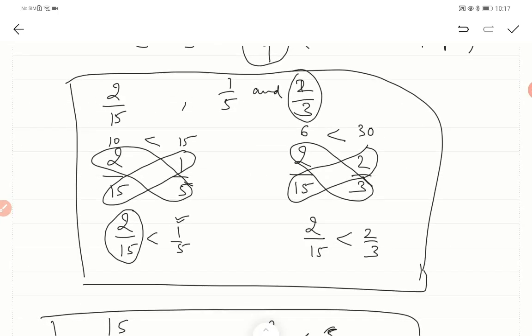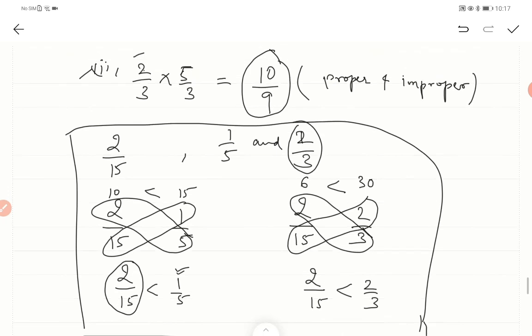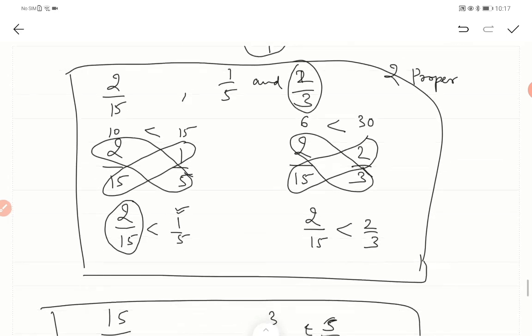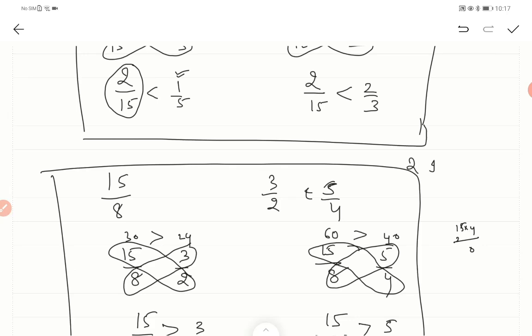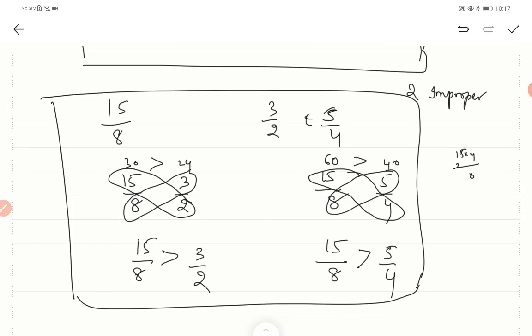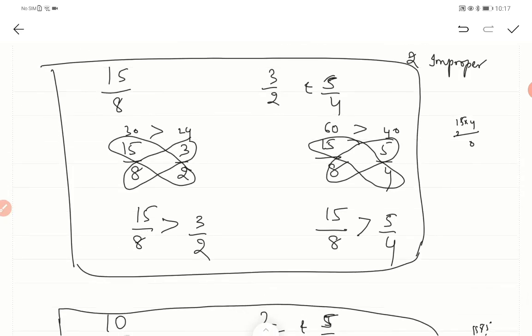See, whenever two proper fractions are multiplied, the product is always less than the individual fractions given. The opposite holds for two improper fractions: when you multiply them, your product is always greater than the individual fractions given.